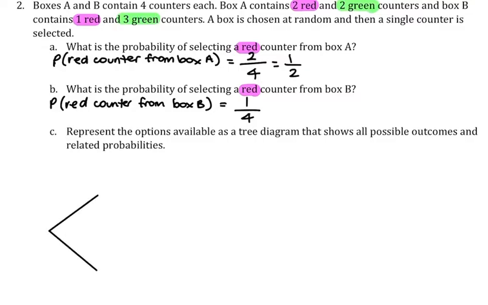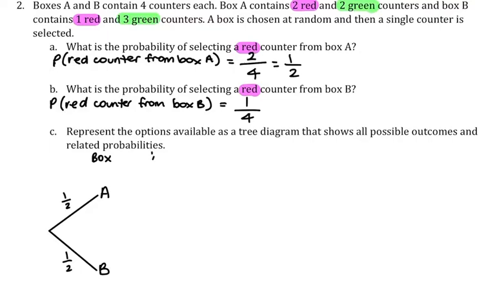These represent our boxes. We either choose from box A or box B. There's only 2 outcomes to choose from, so the probability is 1 over 2 for each.